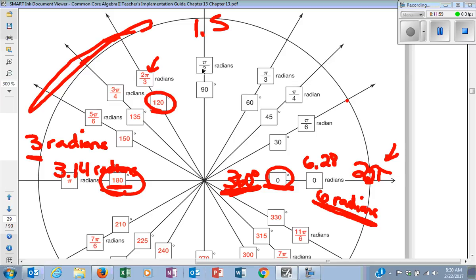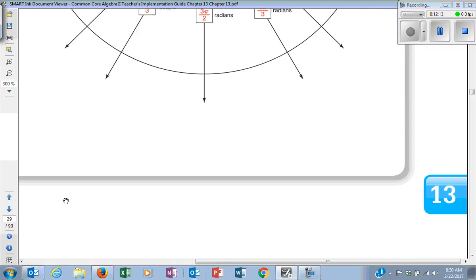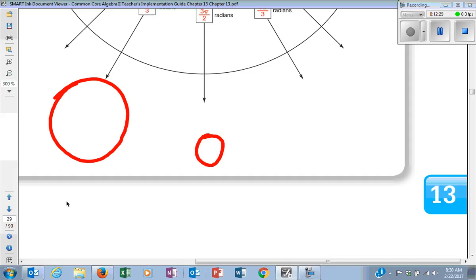So for looking at 2 radians, it will always be the same length on the unit circle, right? 2 radians is always going to be the same. Just think about this. Remember, radians does not depend on how big the circle is. This circle right here and this circle right here, 2 radians is the same measure.